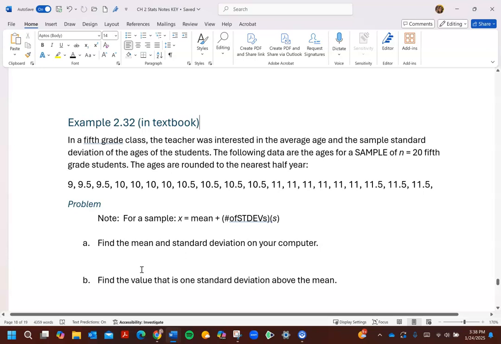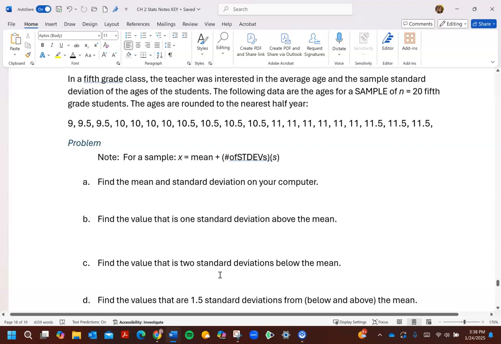And then for B, you're going to use this formula here and find the value that is 1 standard deviation above the mean. For C, you're going to figure out 2 standard deviations below the mean.